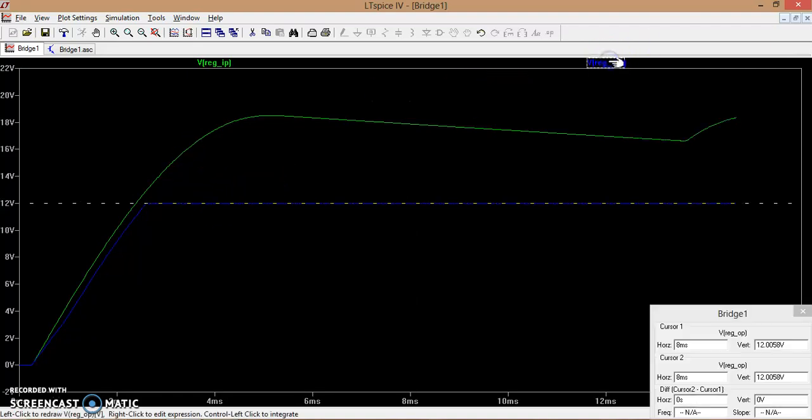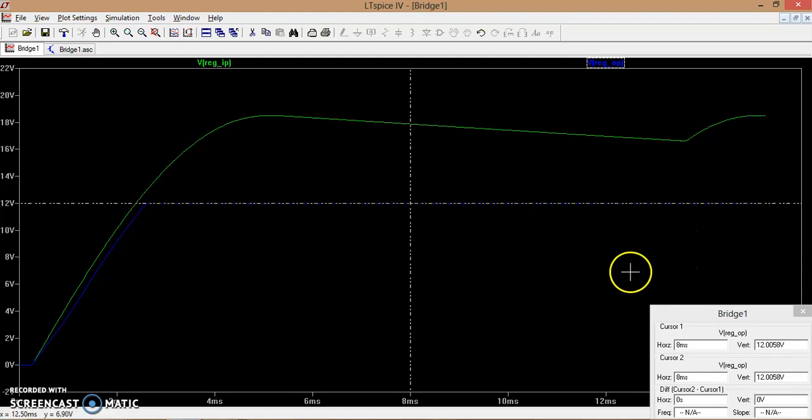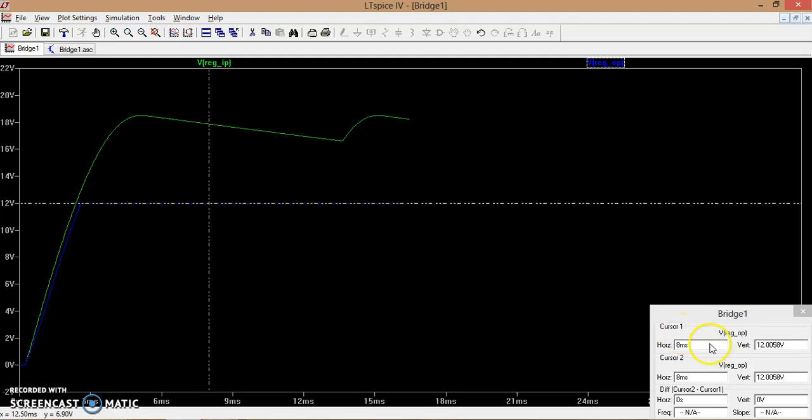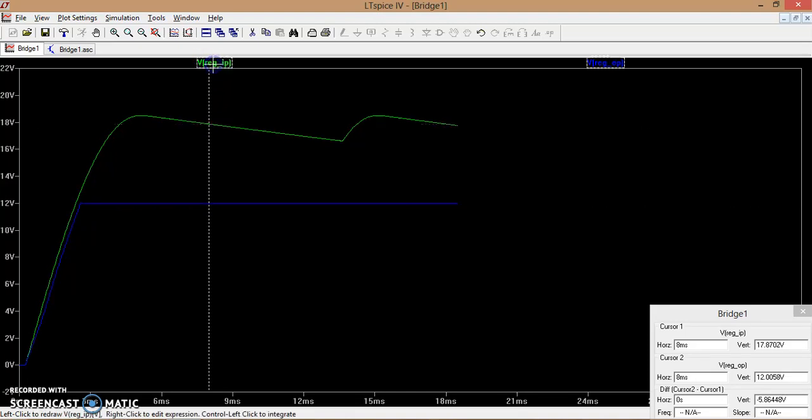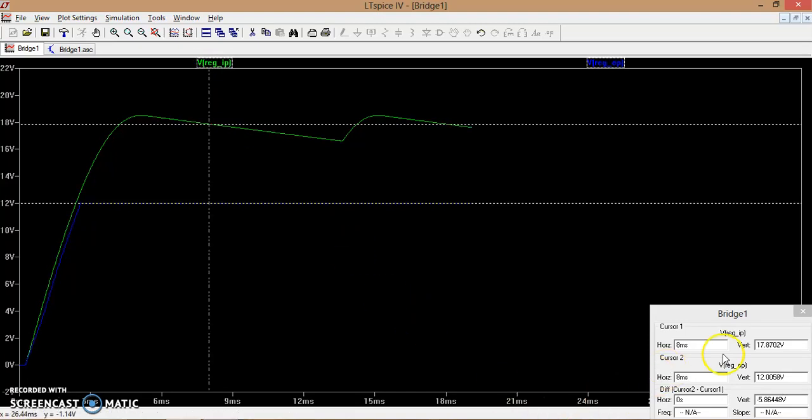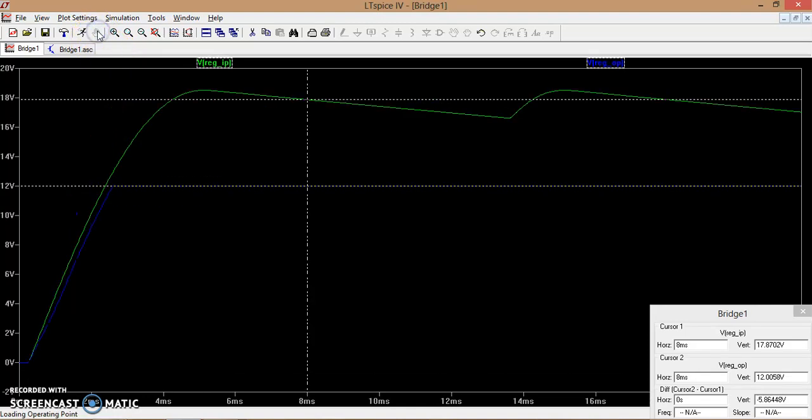You can clearly measure. This is cursor 1, cursor 2, both are on the output line. Now you have this as 12 volt, meaning the output voltage is 12. You can also measure the input voltage. The input voltage is 17.87, whereas the output is 12 volts, meaning that we are having a regulated voltage.